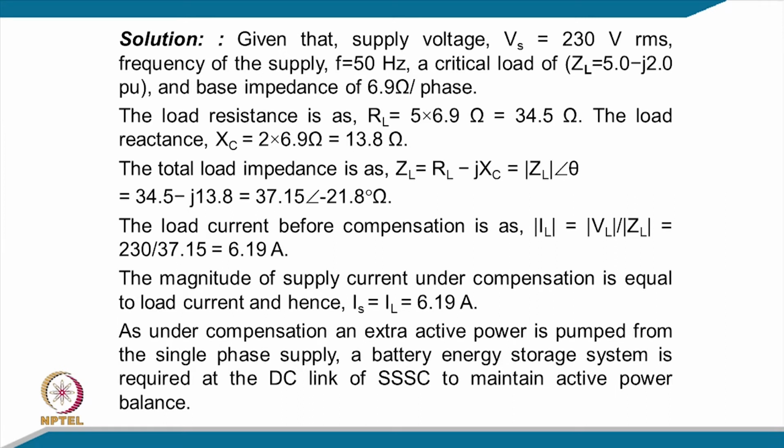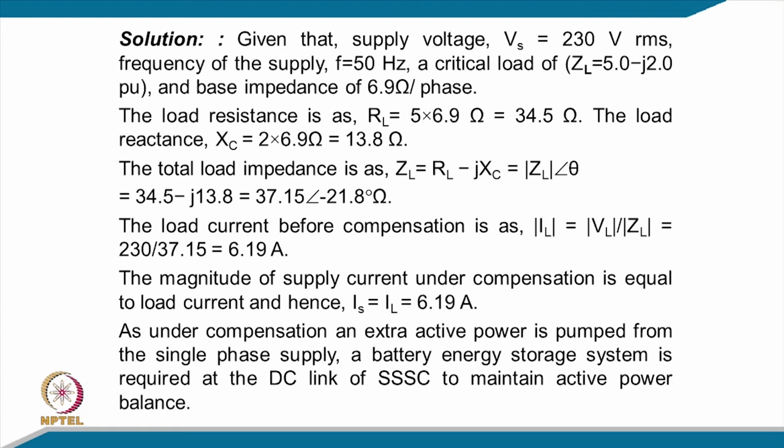The total load impedance is RL minus jXC, which comes to 37.15 at an angle of minus 21.8 degrees. The load current before compensation will be V divided by this impedance, that is 6.19 ampere, and the magnitude of supply current under compensation is equal to the load current.